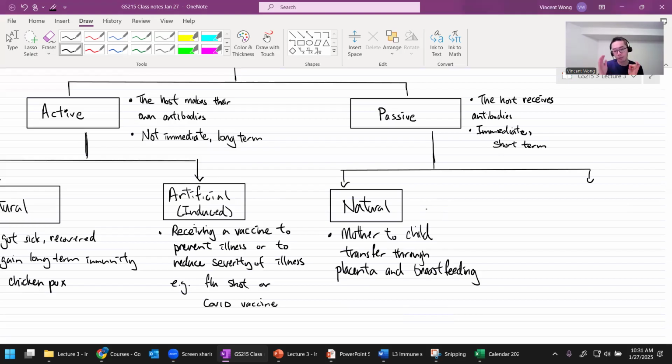But during that period, there is some protection. But the protection is not guaranteed because the mother does not choose what antibodies to pass to the baby through breastfeeding. We don't fully understand the mechanism of what actually gets transferred. So there might be some element of luck here, right? Like how do you control whether the baby will receive the COVID antibodies and the chickenpox antibodies? There are so many. It's not a guarantee, but it does offer some protection.